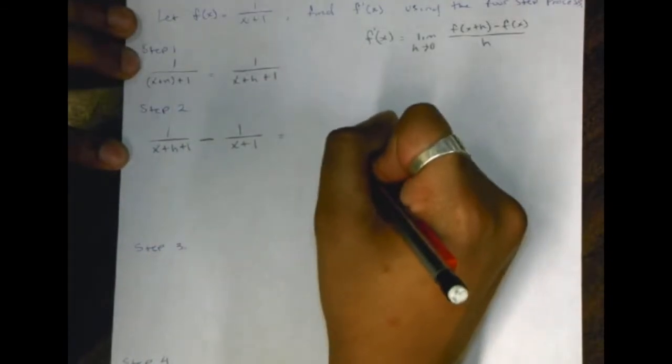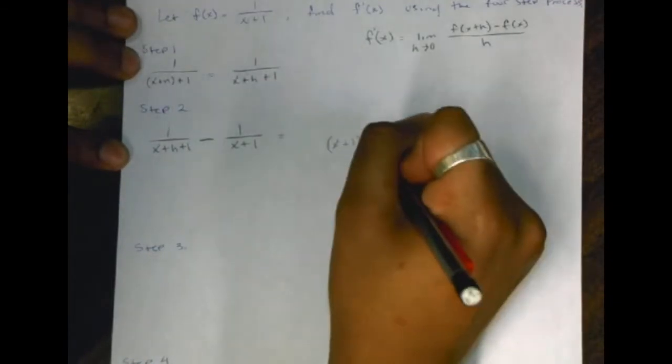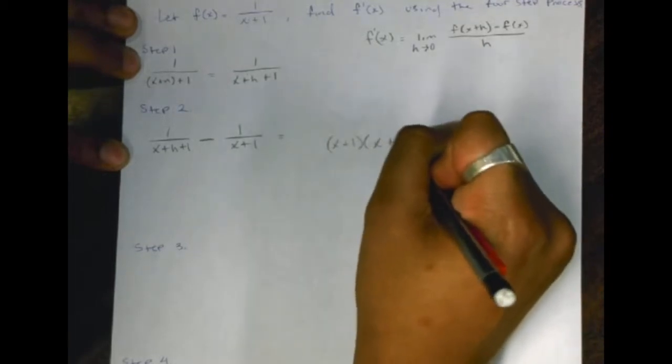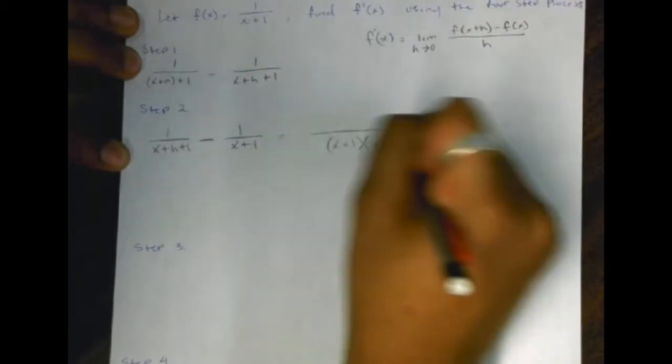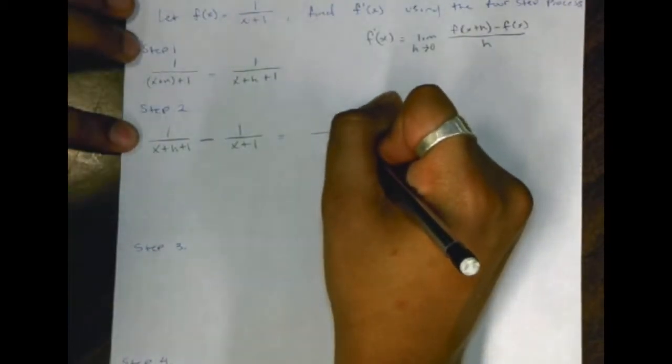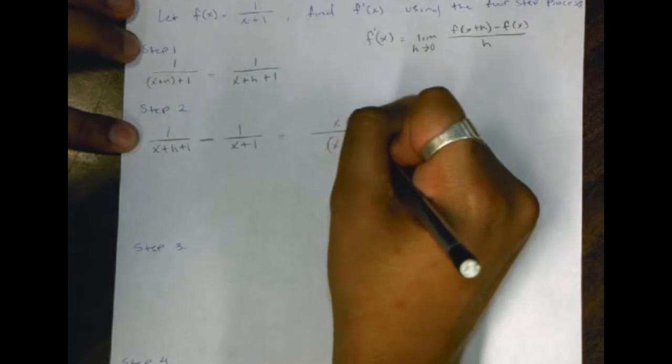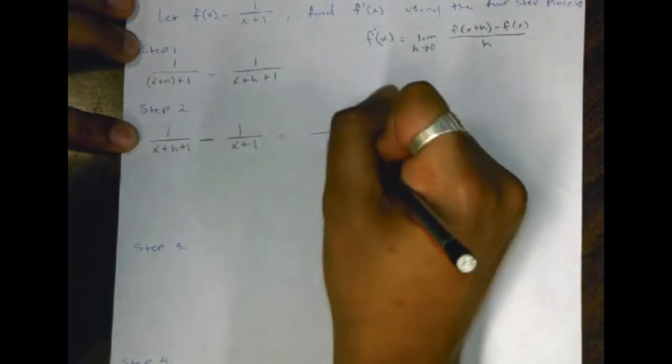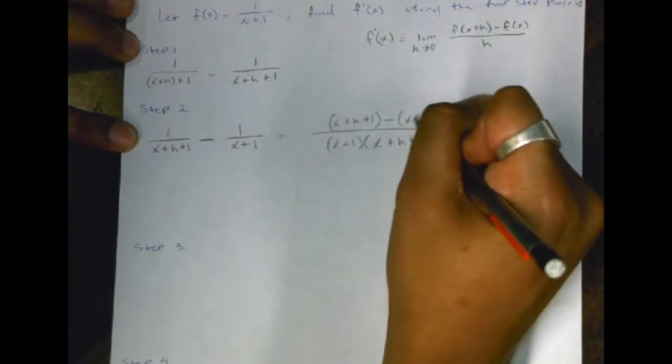We're going to get x plus 1 times x plus h plus 1 in the denominator, and in the numerator x plus h plus 1 minus x plus 1.